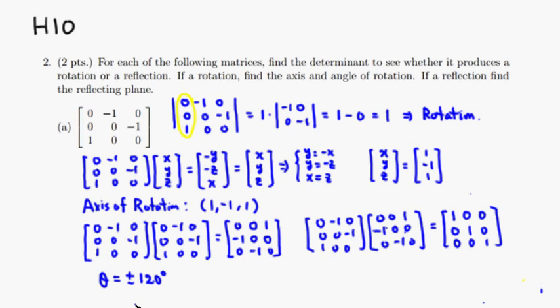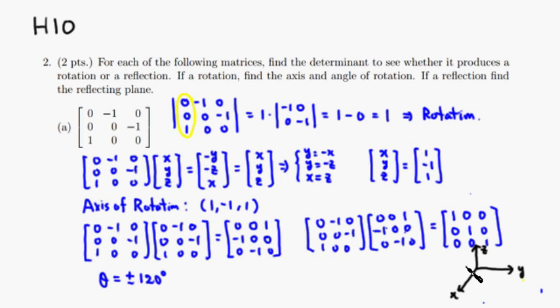What we're going to do is a little bit of observation. The axis of rotation we took to be 1, negative 1, 1. Here's the x-axis, this is the y-axis, and here's the z-axis.